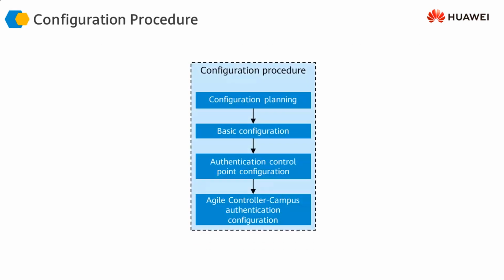If you look at the configuration steps, they are fairly similar to the wired portal authentication. You do the basic configuration, then you do the configuration on the access controller, and then you do the configuration on the agile controller. Let me warn you before we start looking at the configuration that because it is wireless configuration, this is slightly tricky and involves a number of steps.